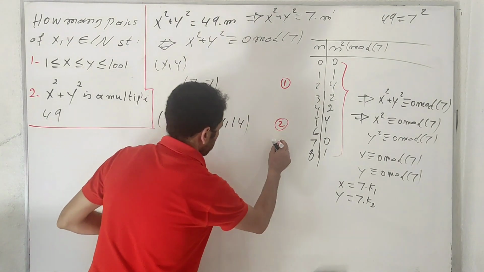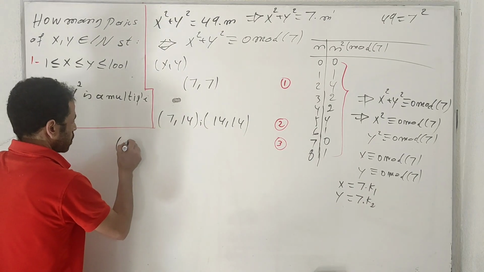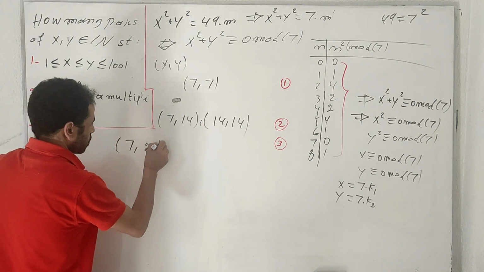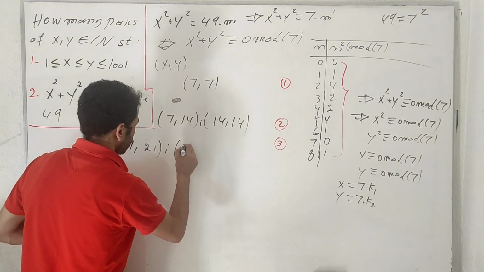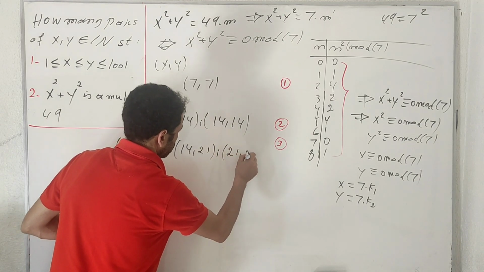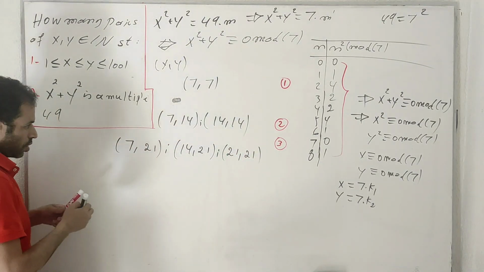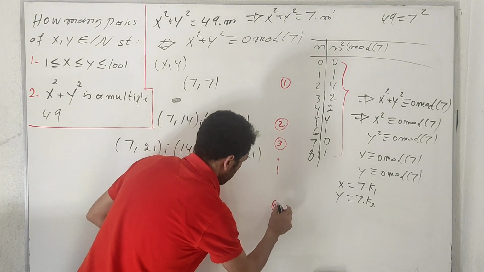For the third possibility, as a third column, we will have 7, 21, because 21 is a multiple of 7, and it will have 14, 21, and 21, 21. This pattern keeps going all the way down to the n columns.